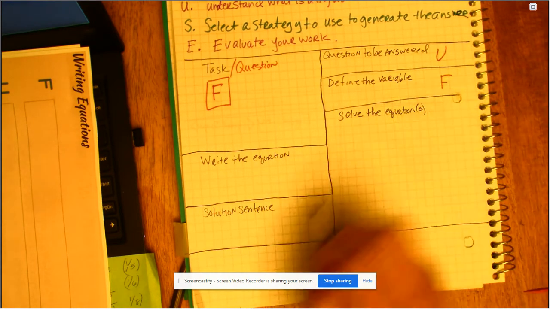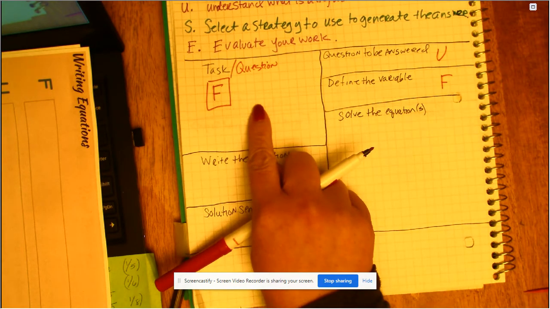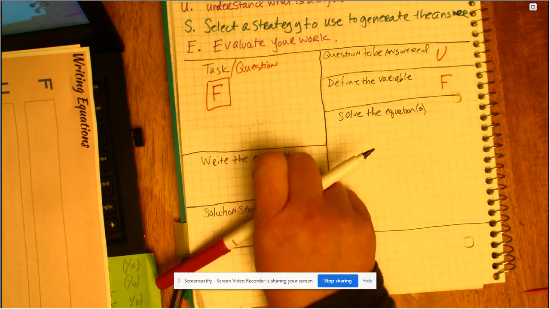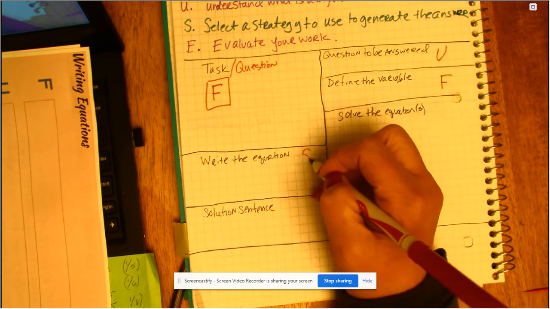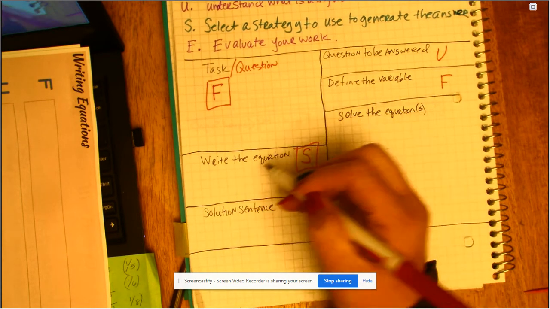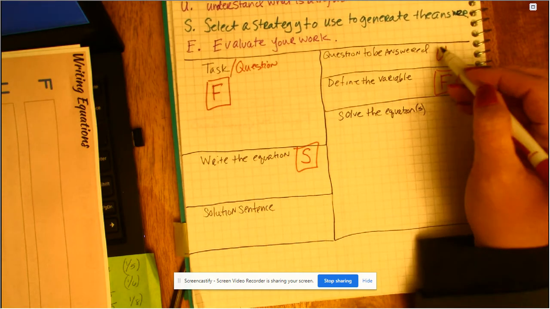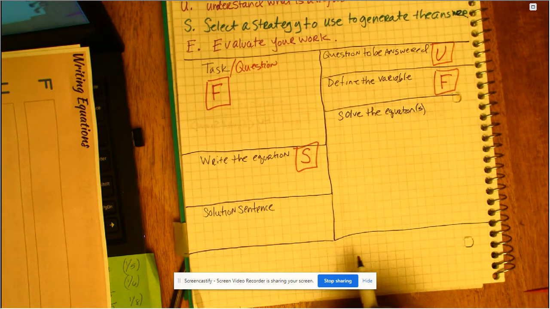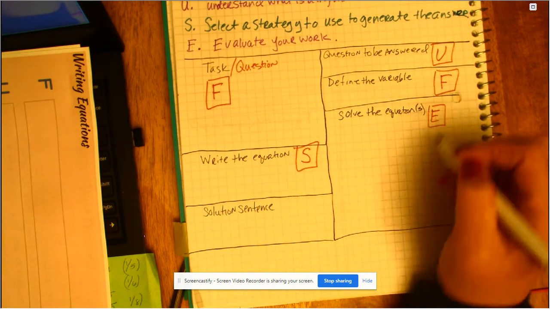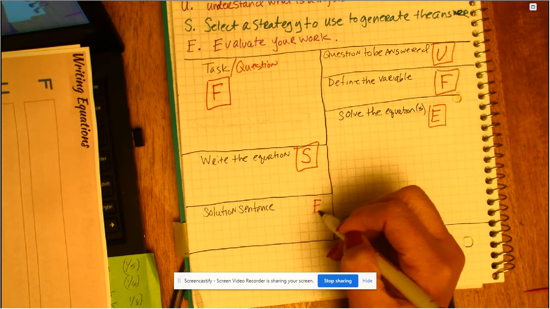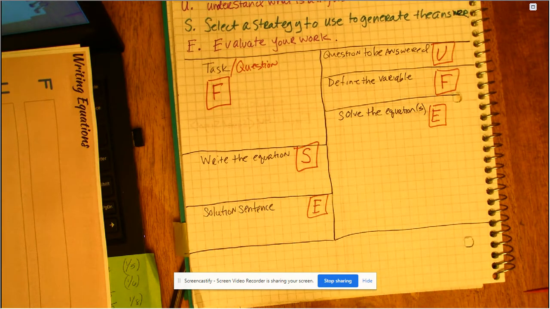Defining the variable, we also pull from the task. It helps us identify what we don't know. Our strategy is to write an equation. And evaluate occurs when we solve it and when we write our solution sentence.